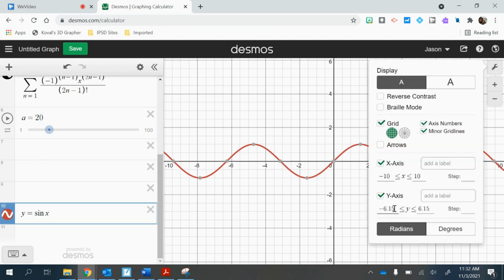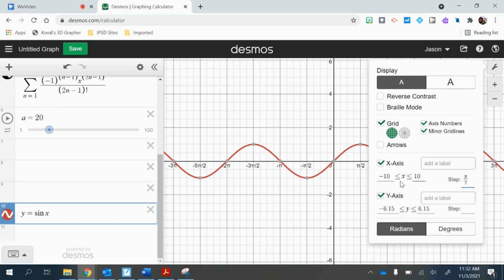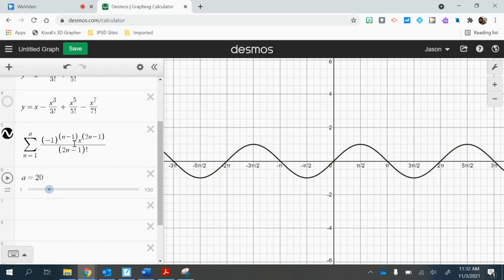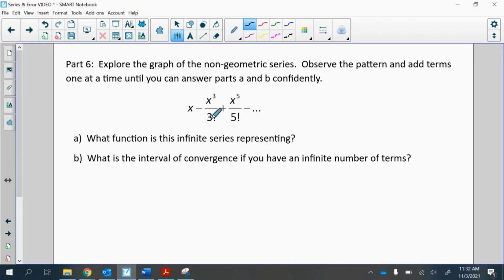And we can even see that if I change the x-axis to things that we're used to for sine. You can see that the graph of sine of x looks exactly like the graph of this series. So as we looked at it, we saw, oh my goodness, this looks like y equals sine of x. And the interval of convergence appears to be everywhere.